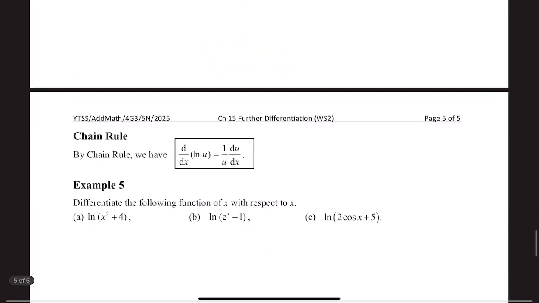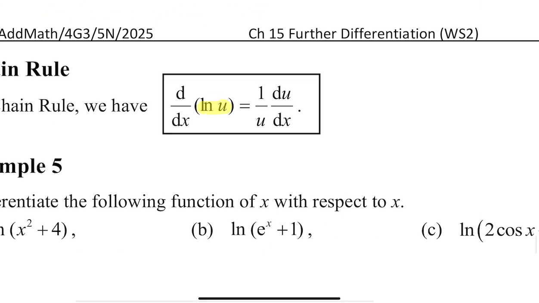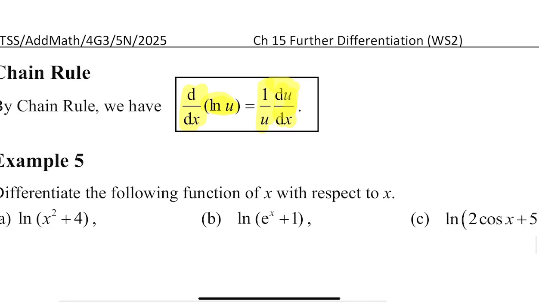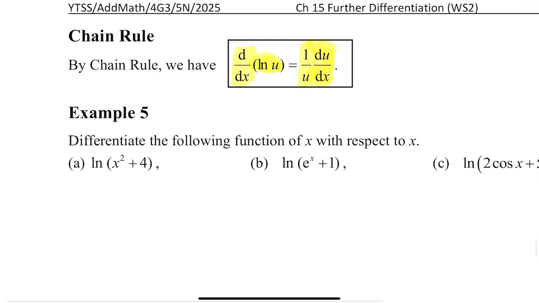So over here, let's say if I have ln u, how do I differentiate this? It's the same as ln x. If I differentiate ln x, I get 1 over x. So now if I want to differentiate ln u, I will get 1 over u, but now I'll multiply this by differentiating this u, similar to exponential functions. If you are not sure, let's look at example 5 to illustrate this.